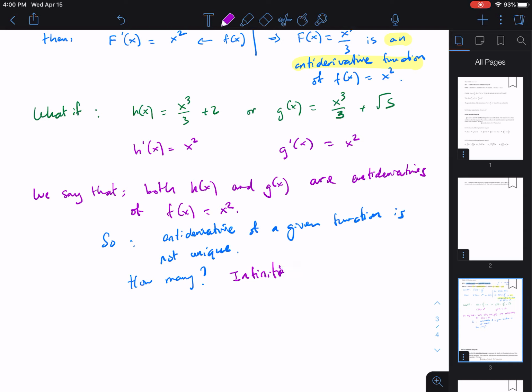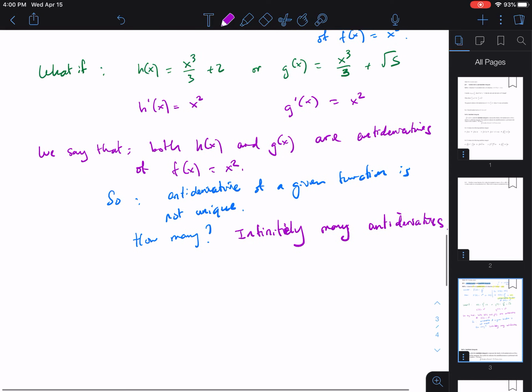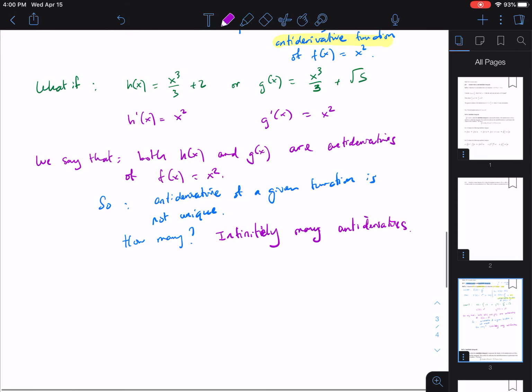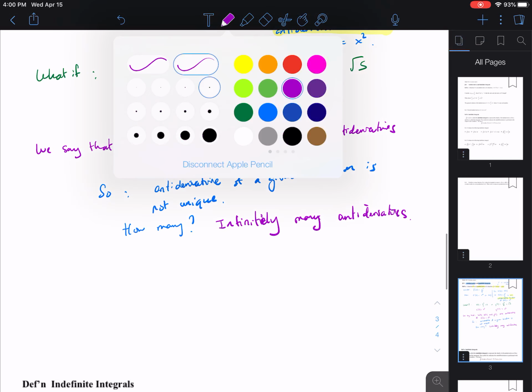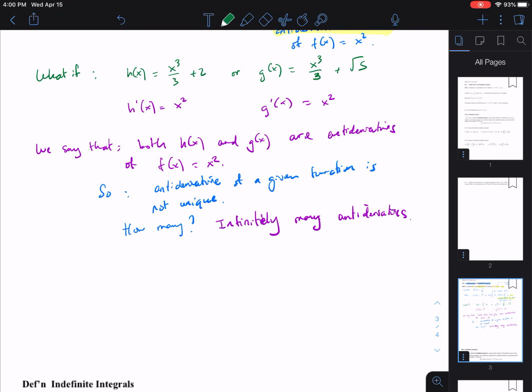Infinitely many antiderivatives. To capture that concept, we would say that the antiderivative of a given function is in this form, which we call the general solution, or the general form of the antiderivative.